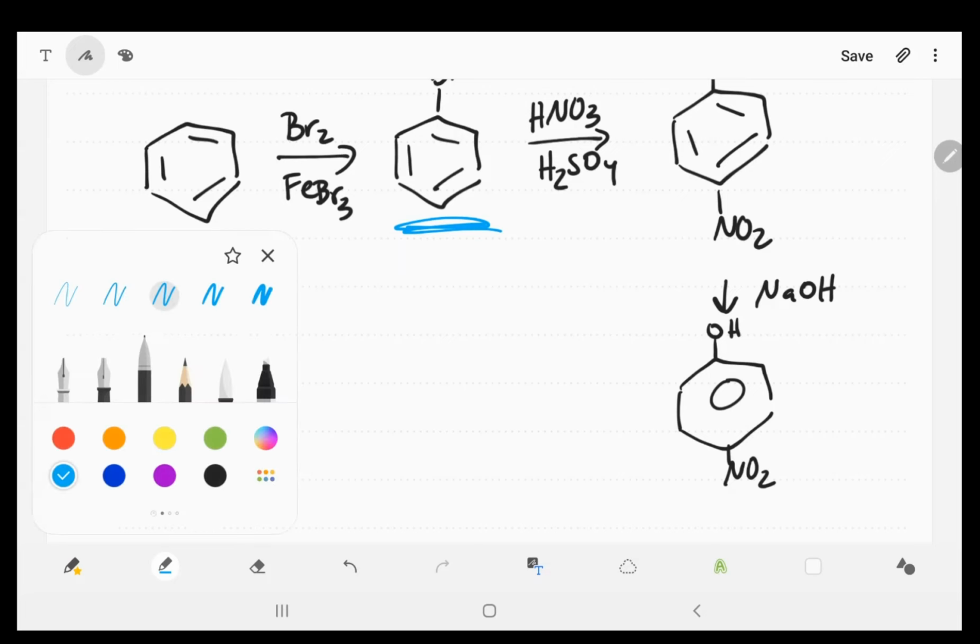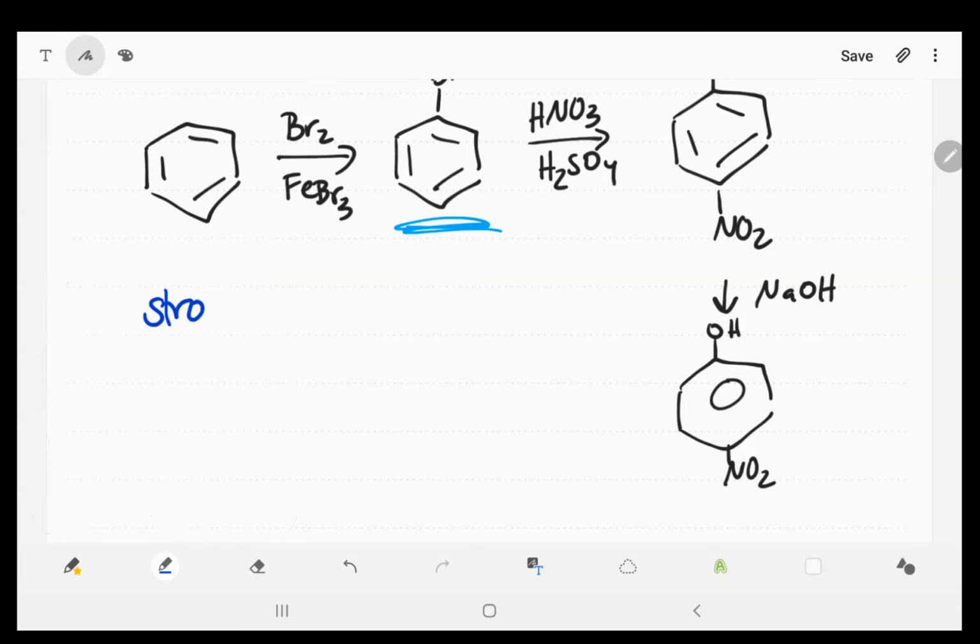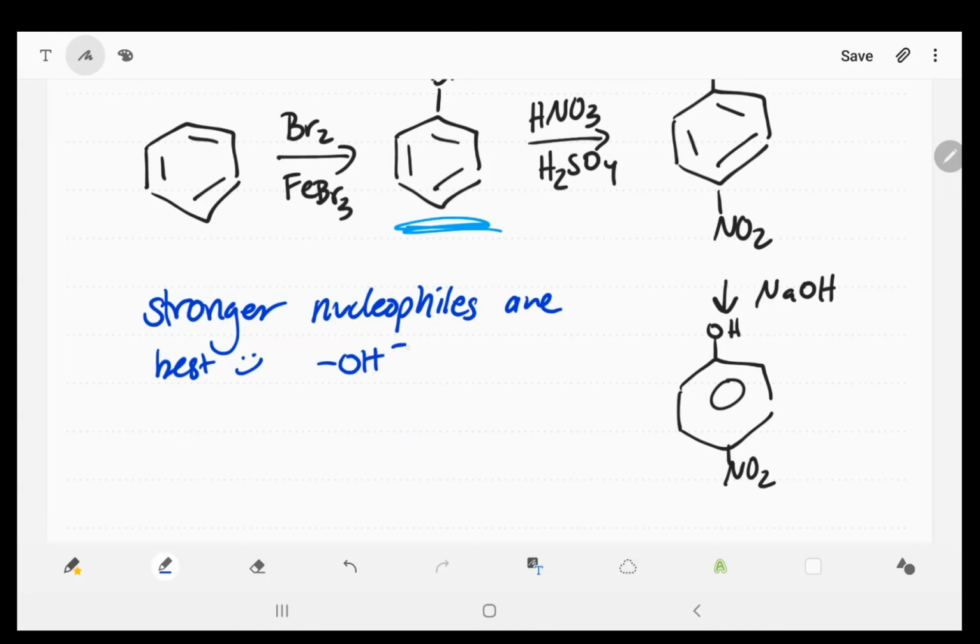So you can do this with a lot of different nucleophiles. Stronger nucleophiles are ideal for this. So strong nucleophiles, remember, that's like hydroxide, alkoxides. I don't know, what else do we want?